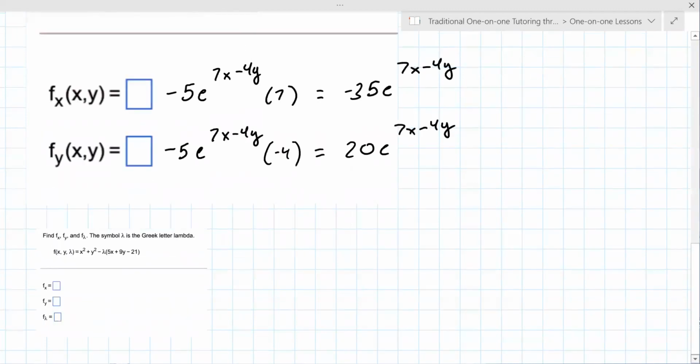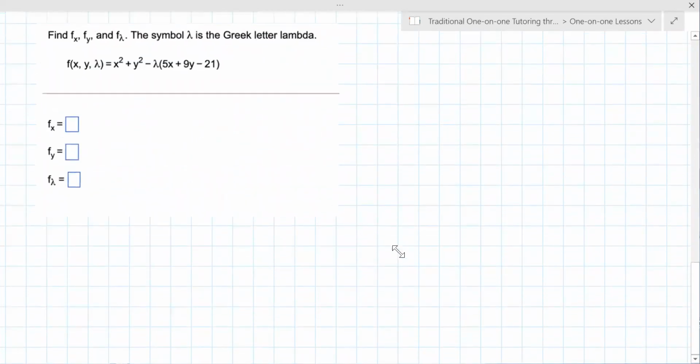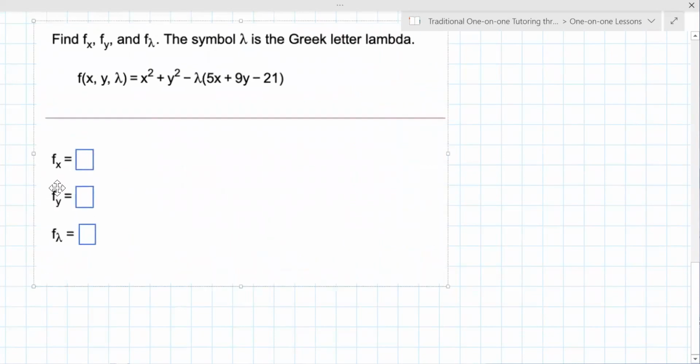All right, so here's your next question. You can actually find these partial derivatives with respect to any variable. They're basically telling you that it's x and y, and lambda is this third variable. A lot of times they go x, y, and z, but you can also do the following.